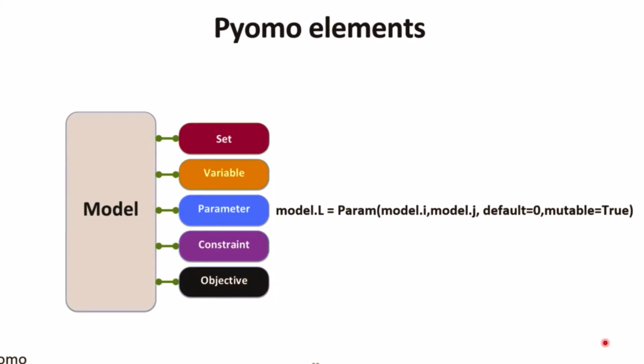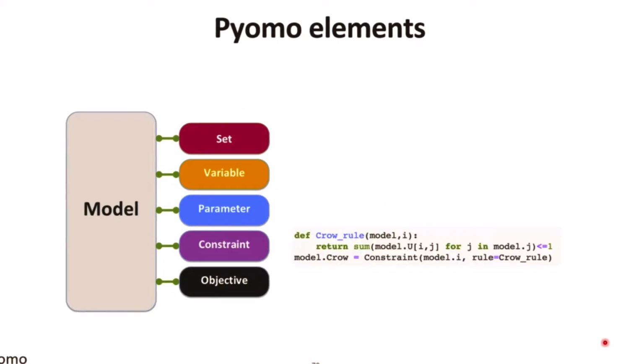Or the parameters: these are constant numbers whose values we know before solving the problem. Or the constraints. The constraints are very important. These are the equations describing the relation between the variables, sets, and also the parameters. For example, you need to choose a name for each constraint. So model.0 is equal to Constraint.